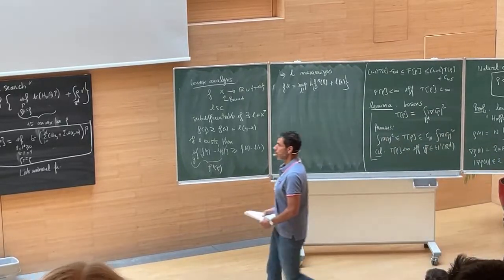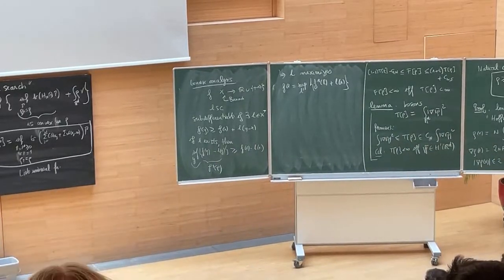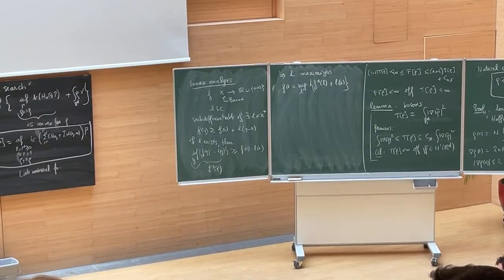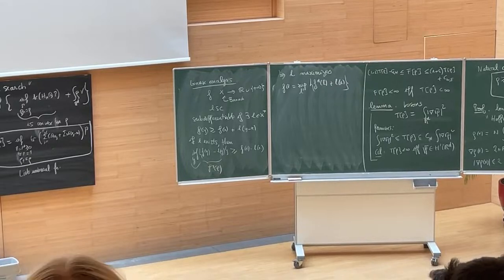I'm just reformulating the existence of V. Saying that there is a V is just saying that we can find a hyperplane below the curve touching the curve, which is a kind of derivative of F.